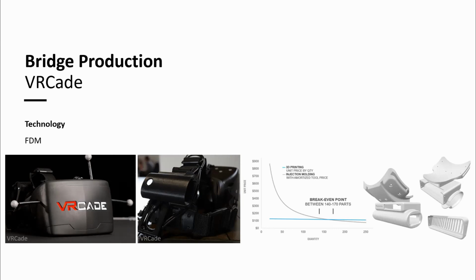However, FDM turned into a really advantageous bridge production technology because the product launch was only 20 units. And so between additive and injection molding, there was a difference of $250 versus $800 cost per part for that quantity. Using additive, it was also possible to combine the parts from 4 down to 2.